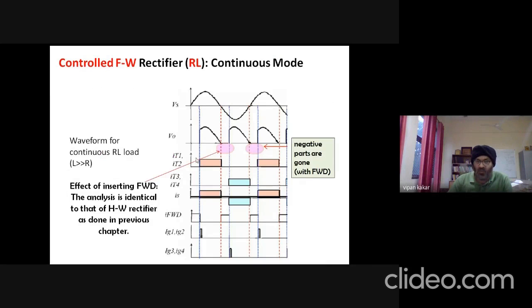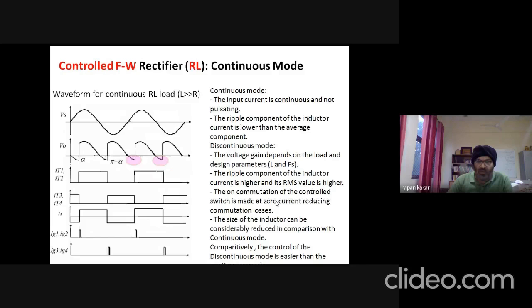If we want to remove these negative voltages at the output, we saw in the rectifier's case that the thyristors do not stop conducting at angle pi. They keep on conducting after angle pi till angle beta or pi plus alpha in continuous conduction case, or in discontinuous conduction case till angle beta.